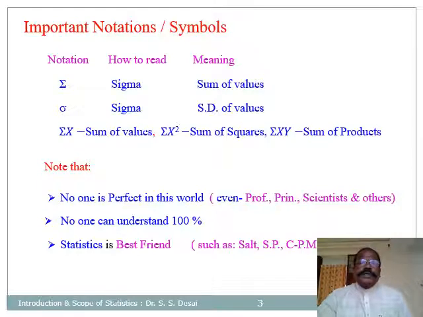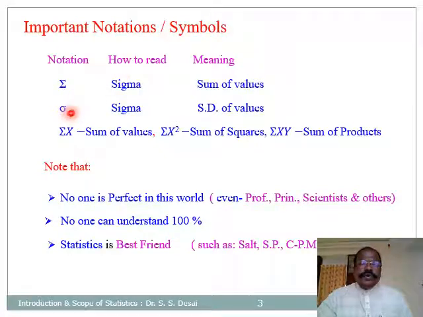Today we are going to discuss introduction and scope of statistics, data and its various kinds. Before that, let us see important notations or important symbols used in statistics. The first important symbol is sigma, and it denotes sum of the values.